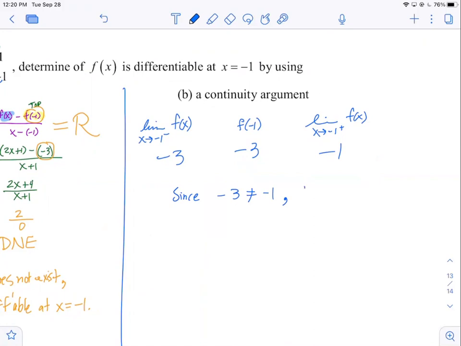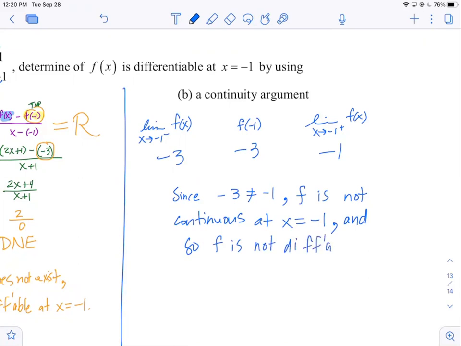Very good. f is not continuous at x equals -1, and therefore, or and so, that's a shorter word, f is not differentiable. Diffable. No, they don't grade you on grammar.